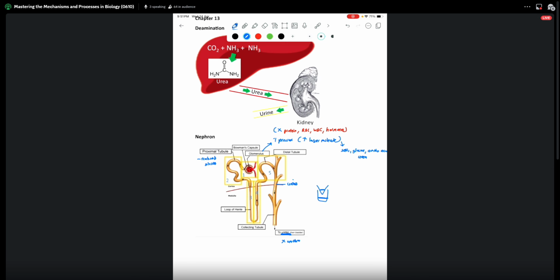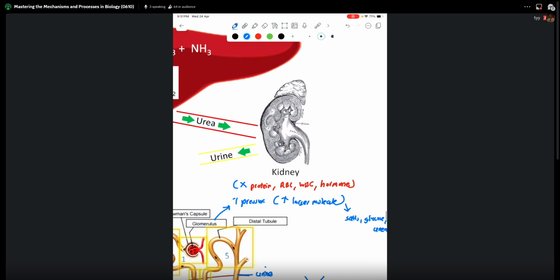Just to clarify, the kidney consists of the medulla, cortex, renal pelvis, renal vein, renal arteries, and also the ureter. Those are the key labelings you should know. I always remember the cortex this way: cortex has a C. Let me do the labeling.